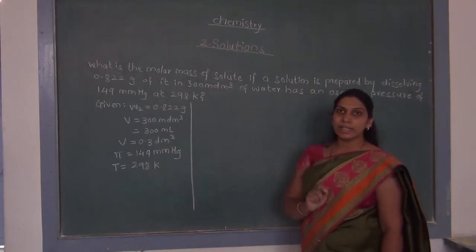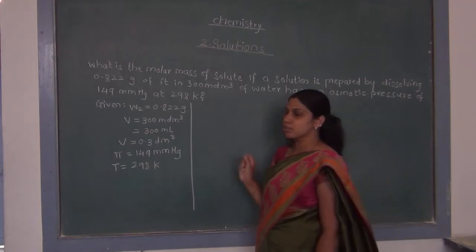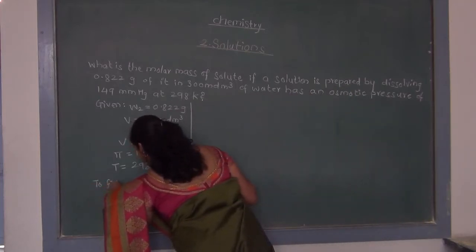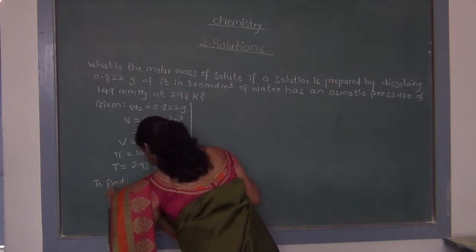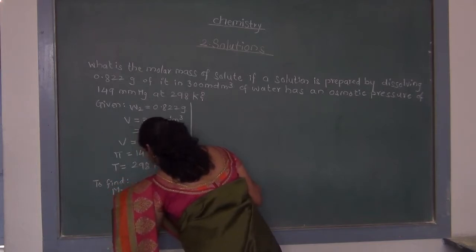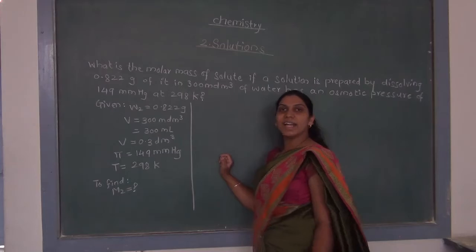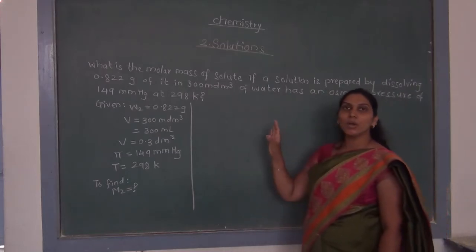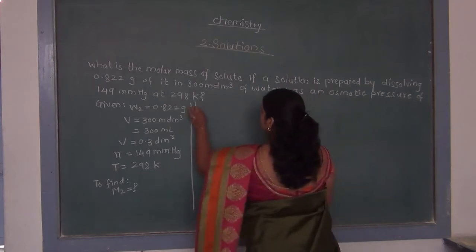Now what we have to find? We have to find the molar mass of solute. So we write, to find: M2 is equal to question mark. Now we have to write the formula.